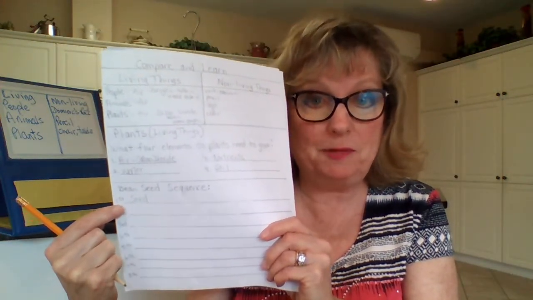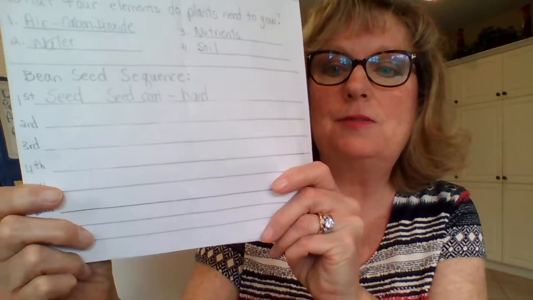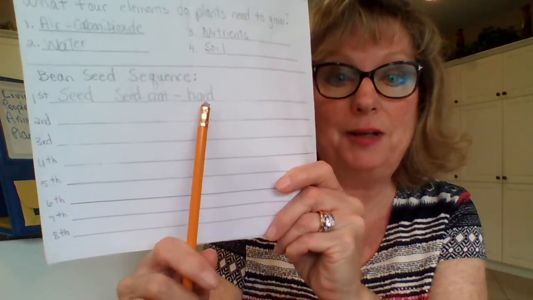First, what happened first? We had a seed. And it had a hard seed coat, right? The coat to protect it. So I'm going to write down seed coat and hard. And I'd like you to do that as well, please. Seed, first we had the seed, seed coat, and it was hard.